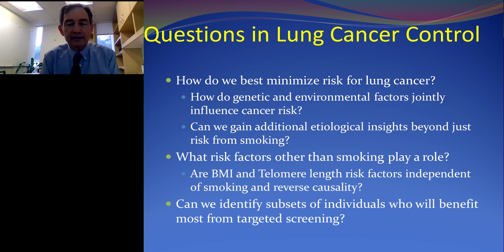Also, we can use genetic information to shed light on other host-specific factors that influence cancer risk. I'll get to that at the end. And then we may identify subsets of people who benefit the most, and potentially some people who appear to be at higher risk who won't benefit as much.